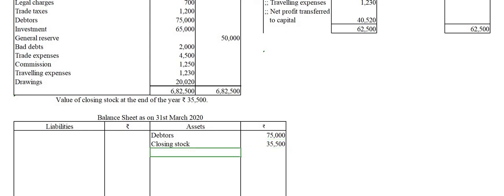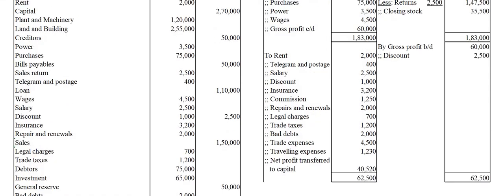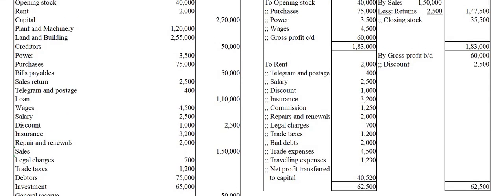Next item is investment. So after closing stock, we can write investment. Then after investment, we can write all other assets. Here we have plant and machinery. So we can write plant and machinery.